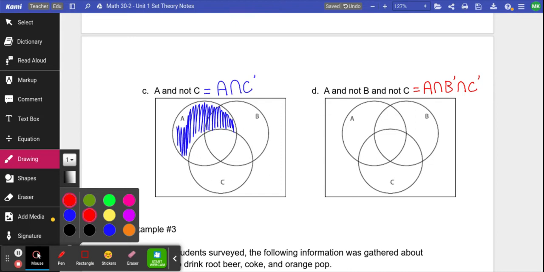We want to be in A, and we have to follow the rule not in B, and we have to follow the rule not in C. So I have to follow all 3 of those rules. To follow all 3 of those rules, I would draw out here. That section is in A and not in B and not in C.